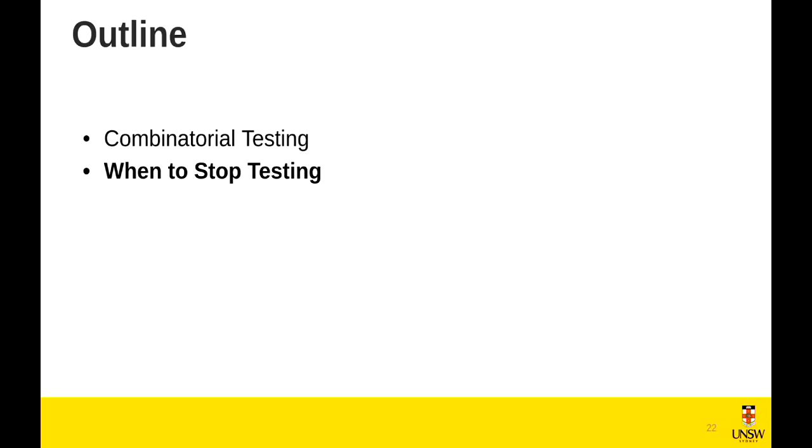So the relation between A and B is like an interaction between parameters, right? So the rationale is that interactions between parameters could lead to errors, and we want to cover all the possible interactions between parameters.